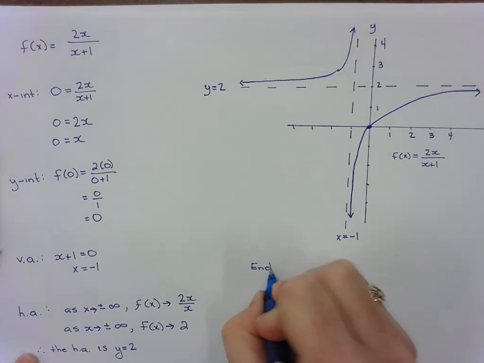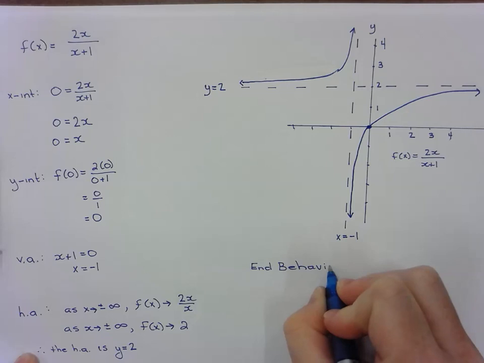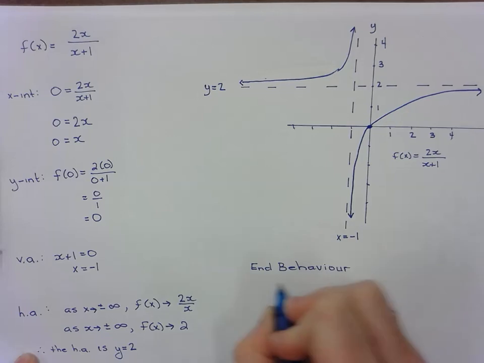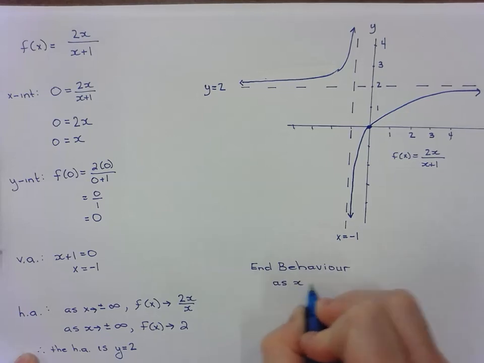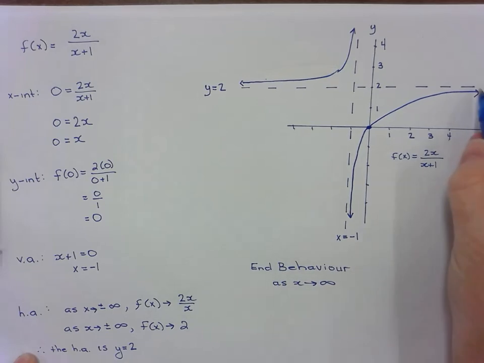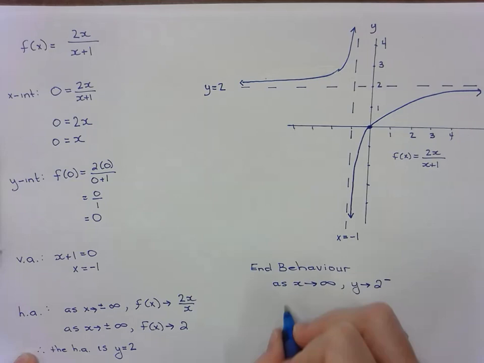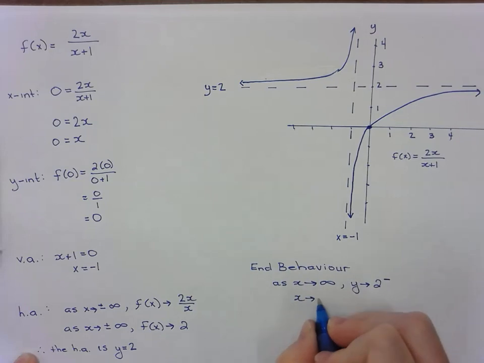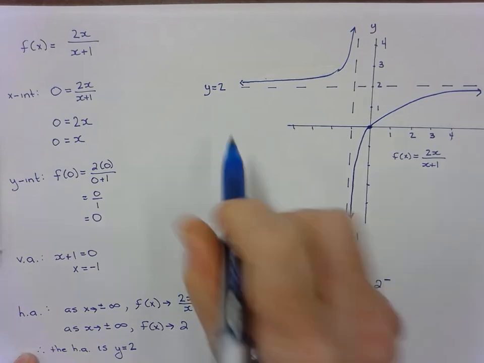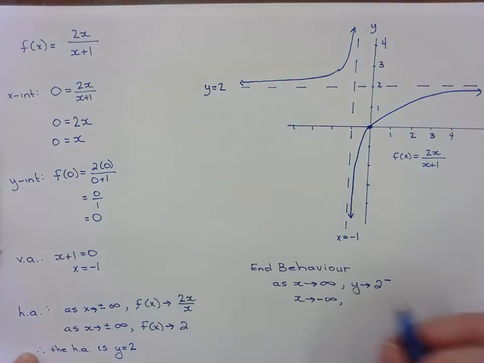As x approaches positive infinity, out here, my y is approaching 2 from below. And as my x approaches negative infinity, out here, my y approaches 2 from above.